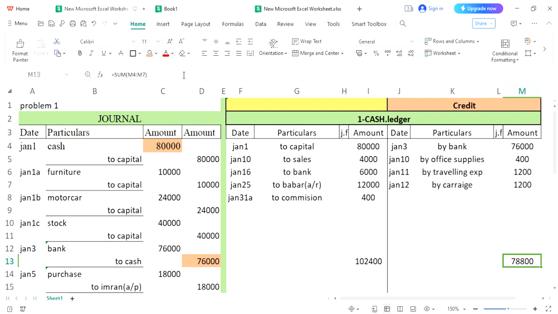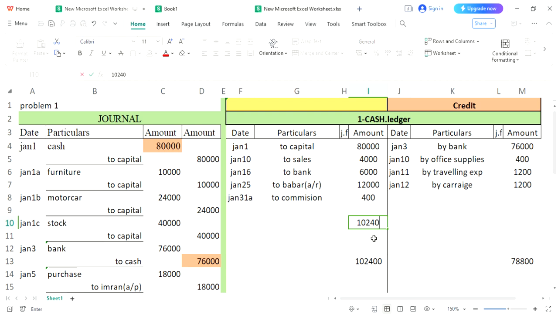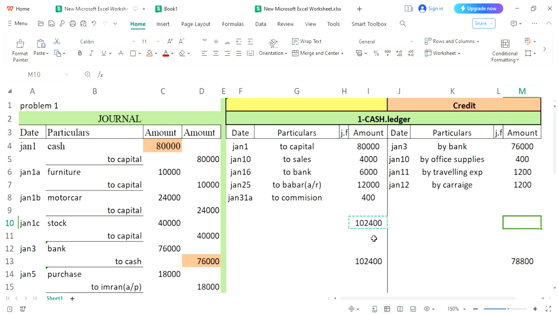Choose the larger sum. Here the larger sum is 1,02,400, and what you will do, you will choose the cell for the total amount, mark it as the total, and there you are going to write 102,400, and you are supposed to do the same on credit side as well. Now please follow these steps.